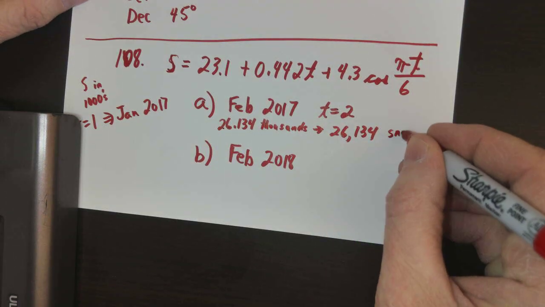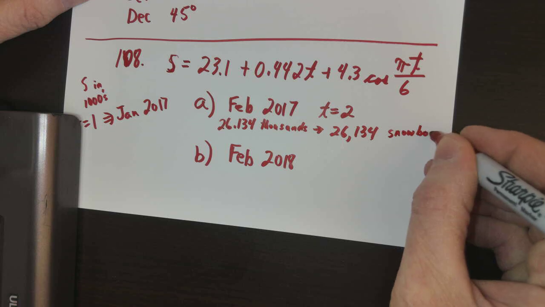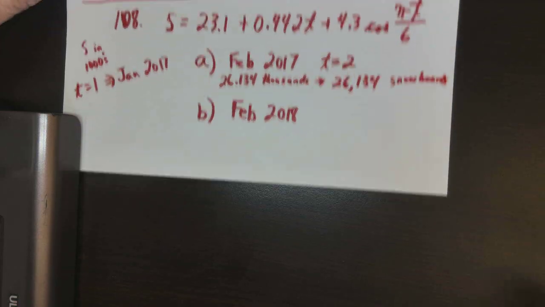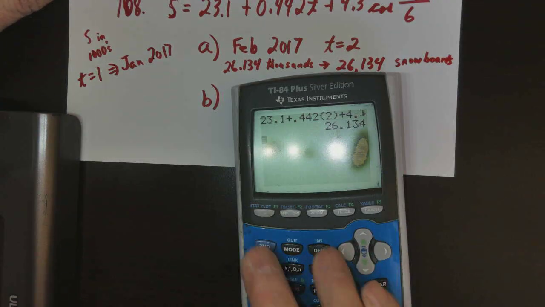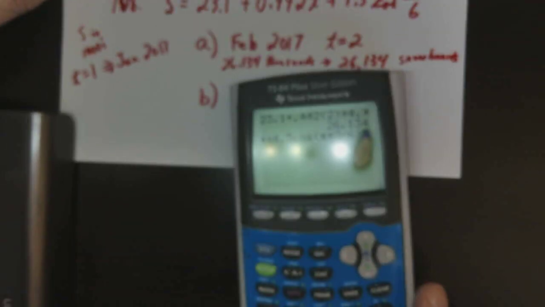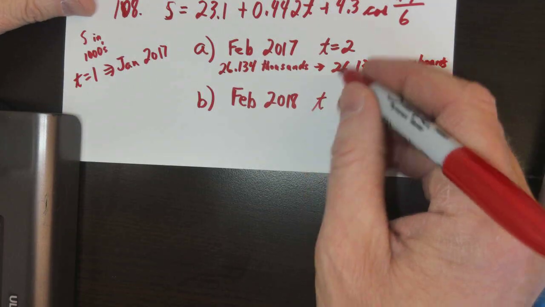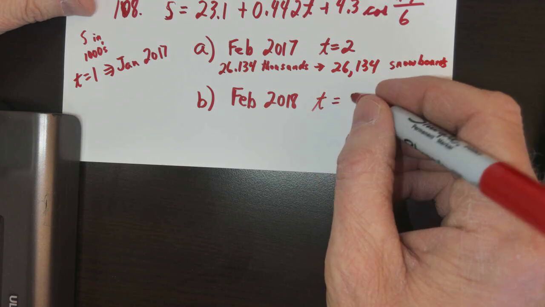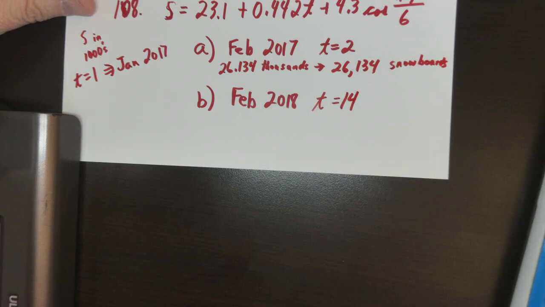Snowboards, I suppose. All right, we do the next one. If I hit second and then enter, I got that equation back. What's t here? Well, I think in 12 months, that would be 12 months after February 2017. I think we got t is 14.